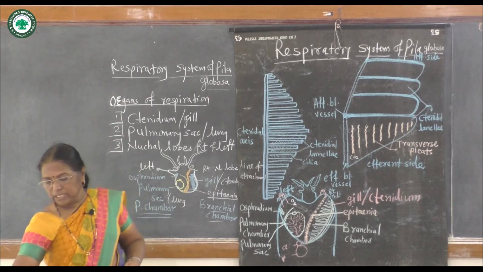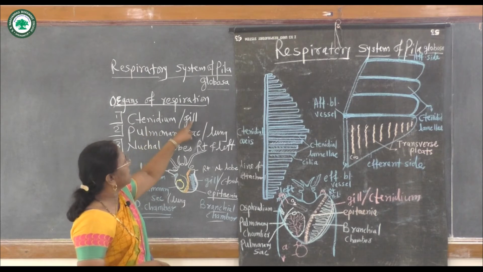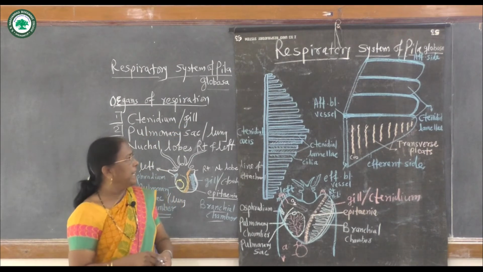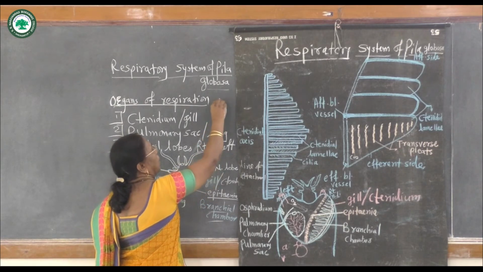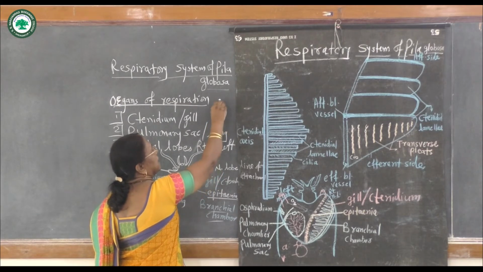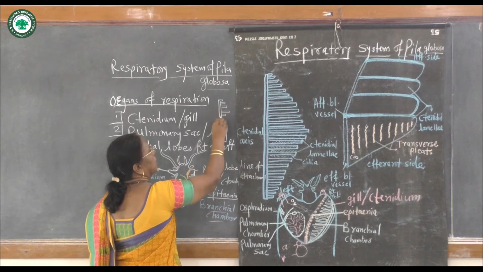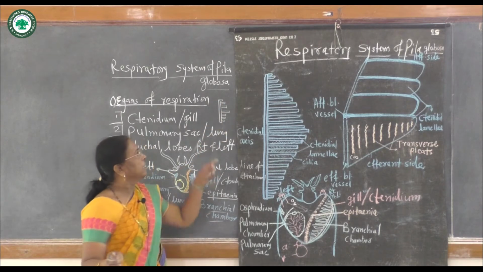First we will see the ctenidium. Ctenidium is also called the gill. The gill is monopectinate. Why? Suppose this is the ctenidial axis. On this ctenidial axis, lamellae are present on one side only. They are not present on this side.